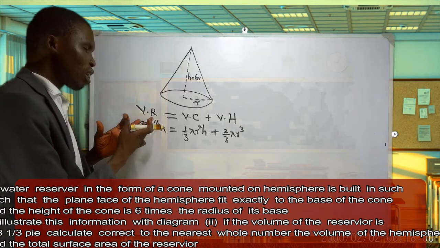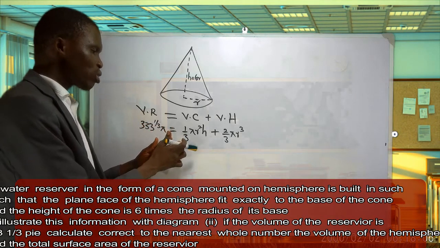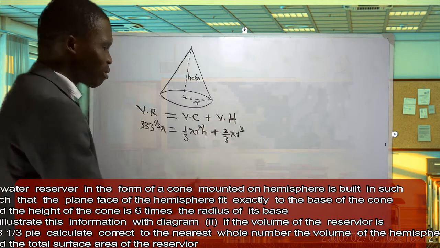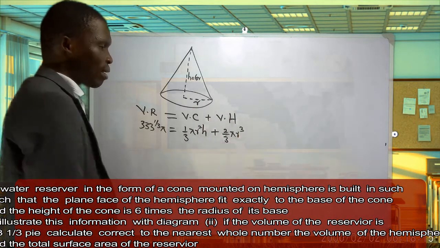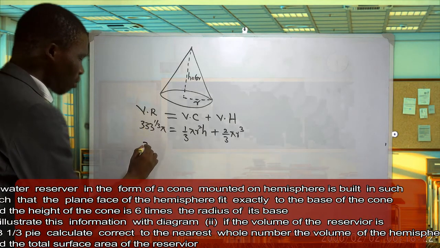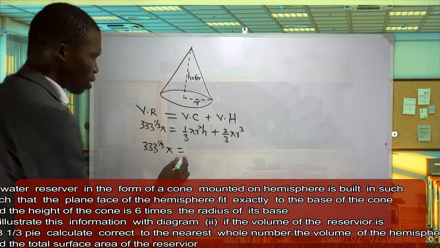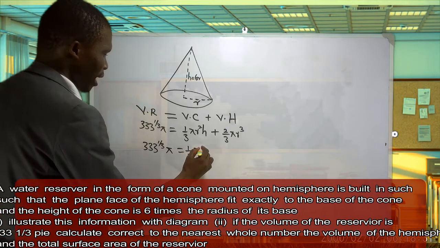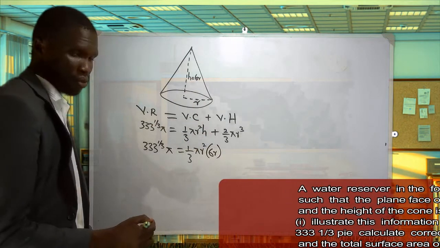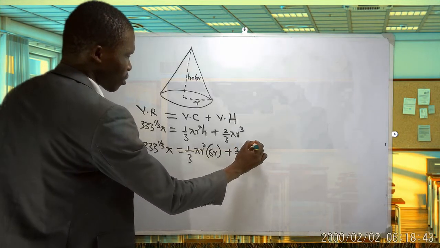The volume of the reservoir, 333 1/3 pi, equals 1/3 pi r squared h, which is the volume of the cone, plus 2/3 pi r cubed, the volume of the hemisphere. So we have 333 1/3 pi equals 1/3 pi r squared, and h is given to us as 6r, I believe you understand that, plus 2/3 pi r cubed.